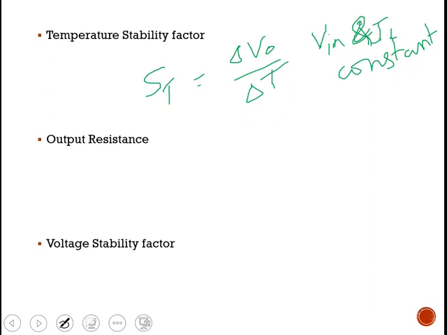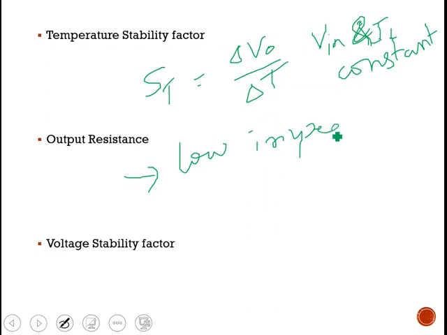Next is output resistance. You consider the voltage regulator, which is the last block of your supply, as a low impedance source.